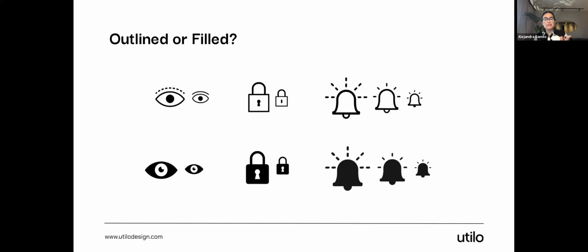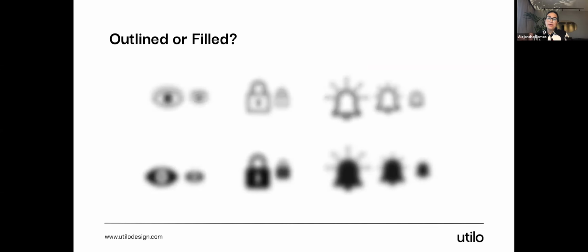And there is this dilemma. Should we do outlined or filled? Well, let's imagine that we have some visual impairment and we cannot really see properly. What would be your opinion? Which one is more visible? Of course, here you have to consider size and contrast.